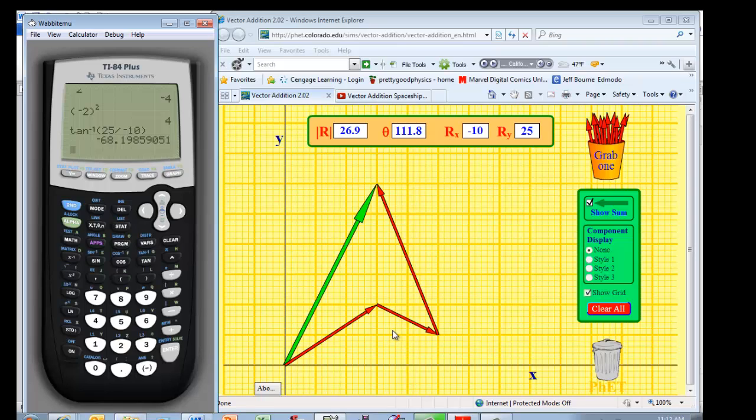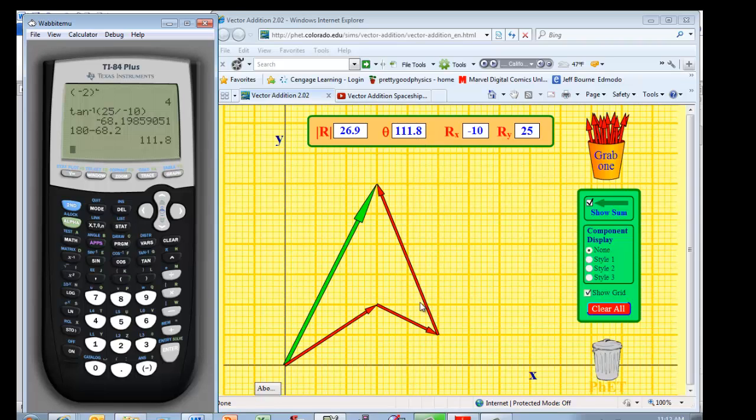In other words, it's 68.2 away from 180. In fact, if you take 180 and subtract 68.2, you get 111.8, which is exactly what it says the angle is.